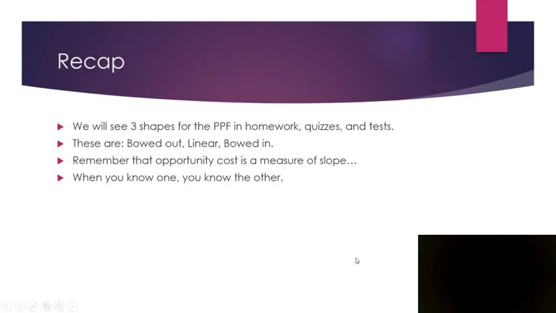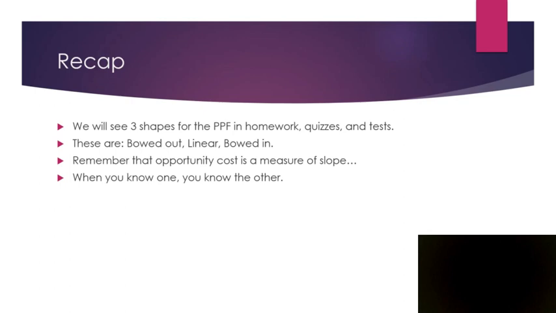If you know the pattern of opportunity cost, you know the pattern of the slope. If you know the slope, you know the pattern of opportunity cost. If you know the shape, then you know both the opportunity cost pattern and the slope. For example, linear. If I give you a linear PPF drawing, you should be able to say, hey, a linear PPF has a constant slope. And since slope is a measure of opportunity cost, it has a constant opportunity cost.